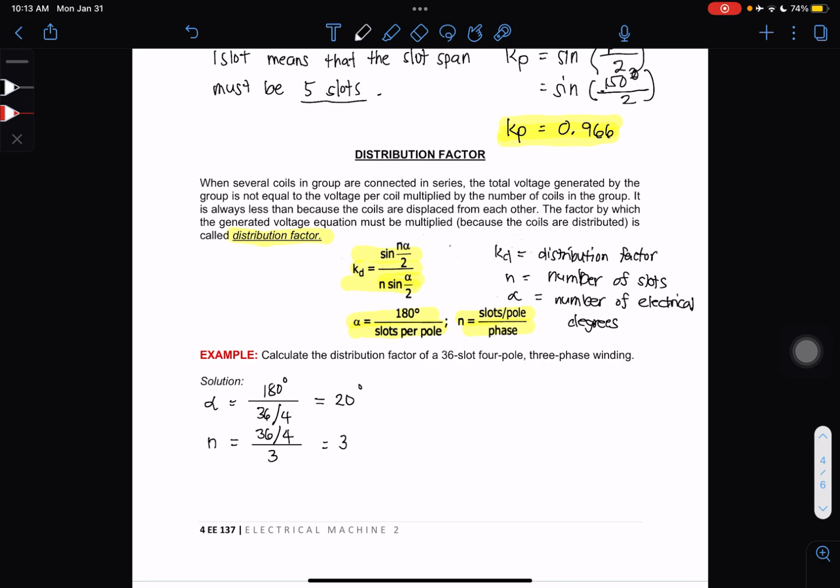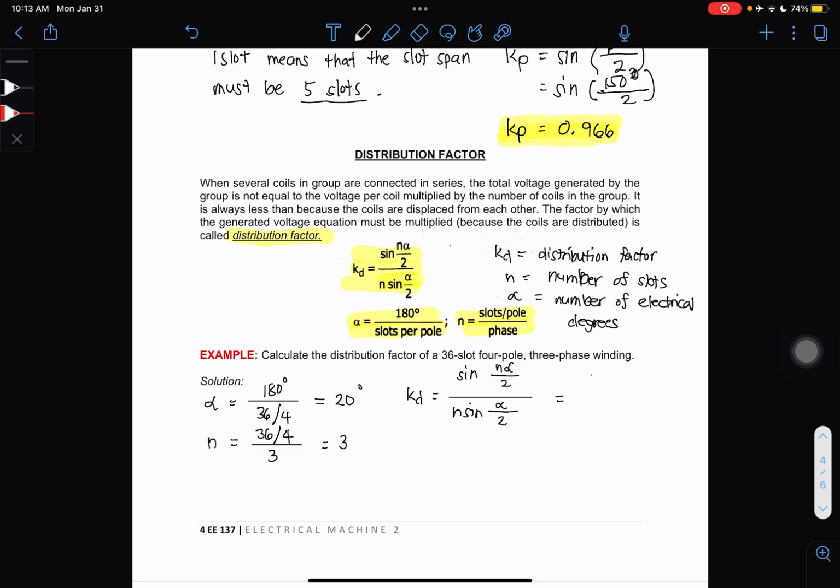To solve for KD, the distribution factor, since we already have our unknowns, we use the KD formula: sine of N multiplied by the number of electrical degrees divided by 2, over N sine of the number of electrical degrees divided by 2.